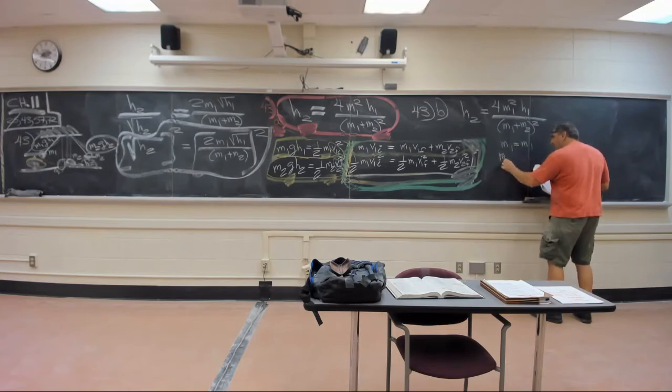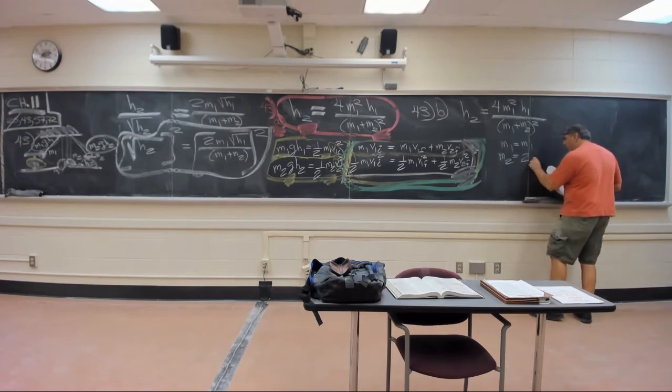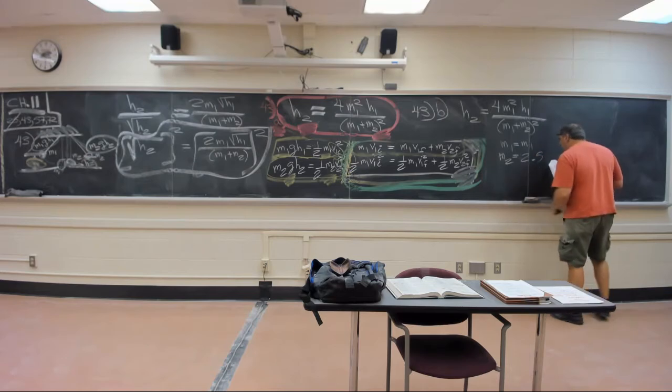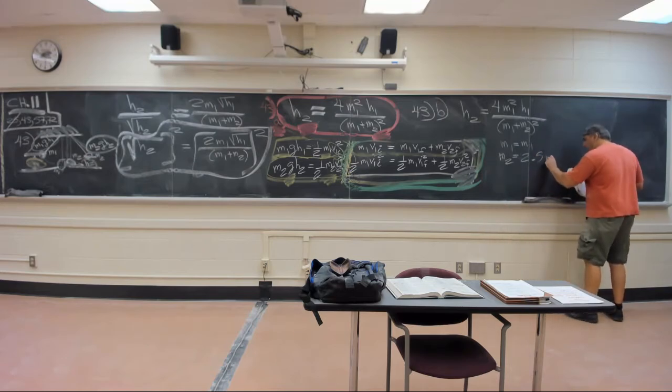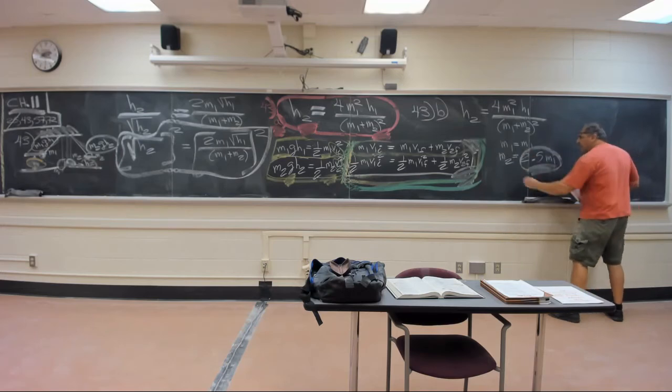We know that M2, they told us. Now, hey, guys, suppose M1 equals M1. We always know that. Suppose the second mass is double plus 0.5. It's 2.5 M1. Let's say they told you that. They gave you this for this guy.